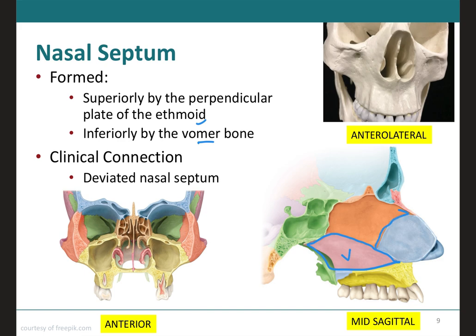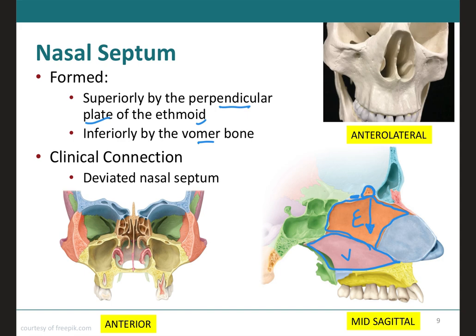The superior portion is going to be formed by the other bone, which is your ethmoid bone. More specifically, the perpendicular plate of the ethmoid bone. Remember that the ethmoid bone has a part that goes up, which is the crista galli, and then it also has the cribriform plate located on the superior view, and then the perpendicular plate is what comes down into the nasal cavity.